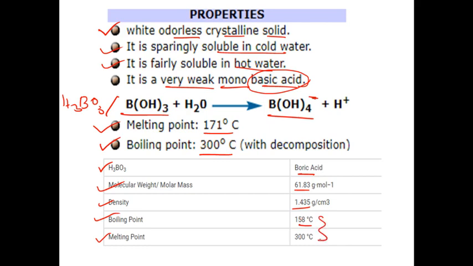In some texts you will get different values, but you use this: the melting point is 171 degrees Celsius, the boiling point is 300 degrees Celsius. So these are the physical properties of boric acid.